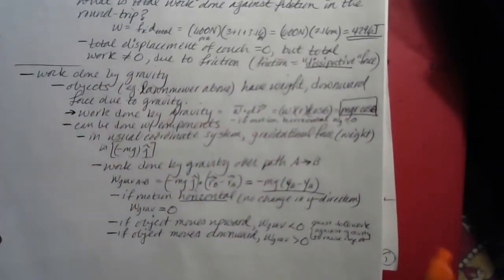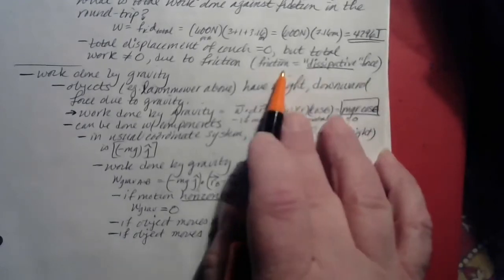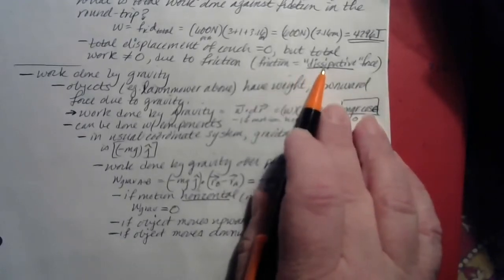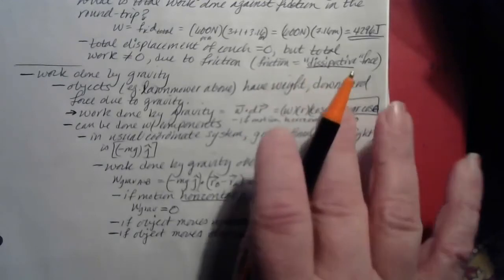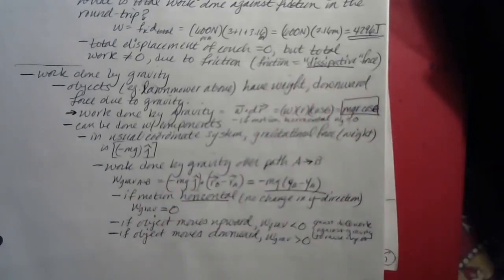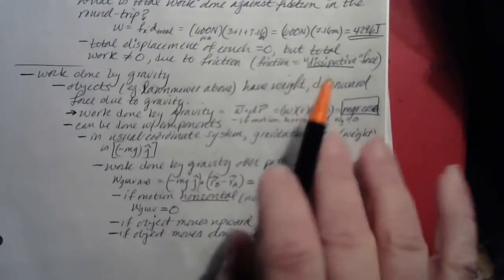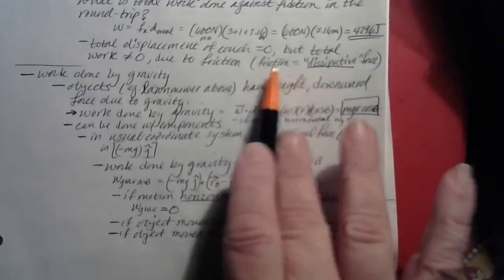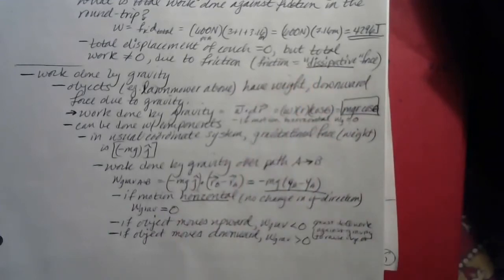And that's because work and displacement, even though they're both vectors, don't necessarily behave the same way. The reason here is because of friction. Friction is what's known as a dissipative force, or a non-conservative force, meaning that friction is not conserved, whereas work and energy are conserved.